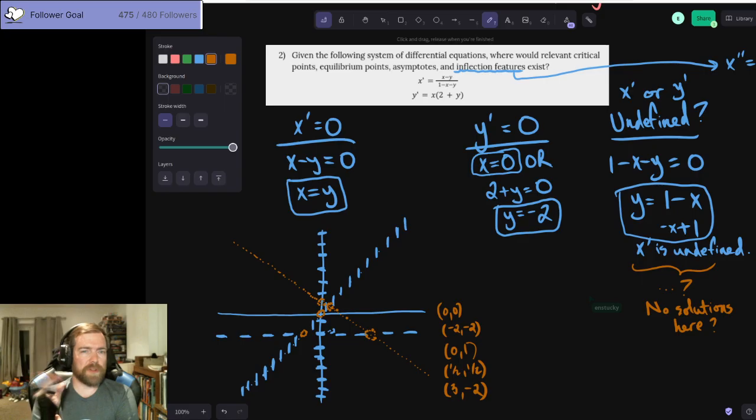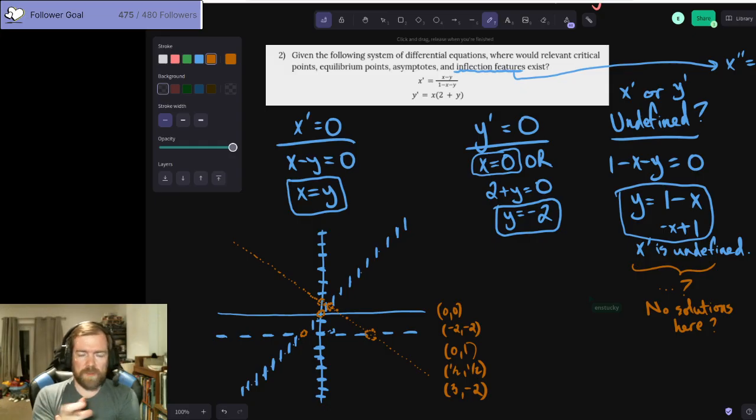Now, it could be something completely mundane, where there just is a solution for some reason. It could be more likely that there is no solution at any of those particular locations. It could be that there is an interesting point there, or it could be completely mundane, kind of like a removable discontinuity.